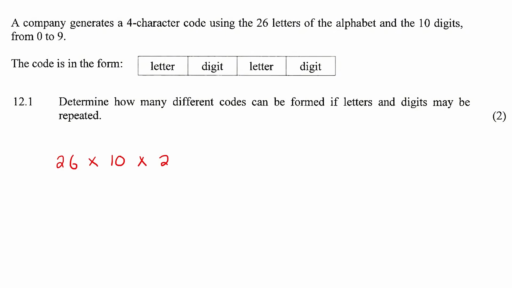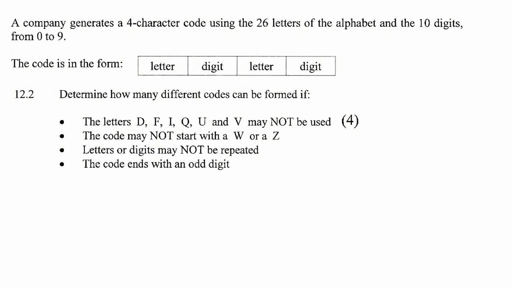If you wanted to put a 25 here, that would only be if repetition was not allowed. Okay, and then for this next digit, it's still going to be a 10 because repetition is allowed. Now you're just going to multiply all of that together and you get 67,600.